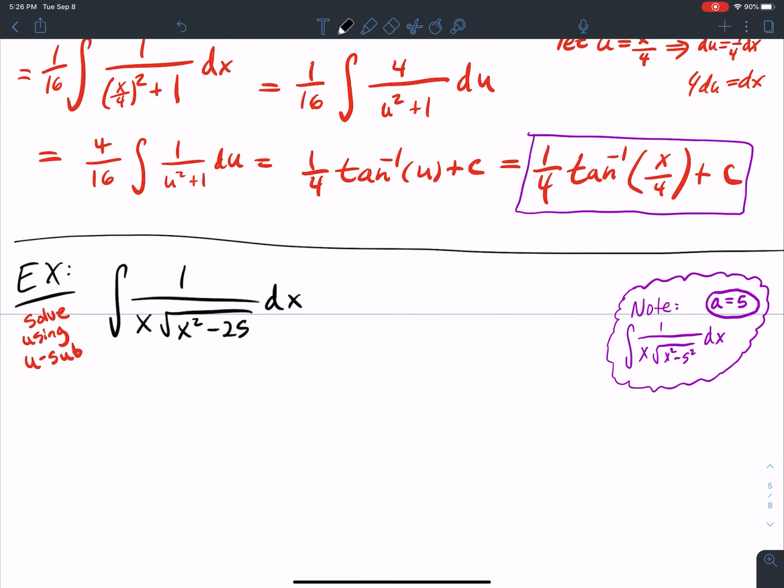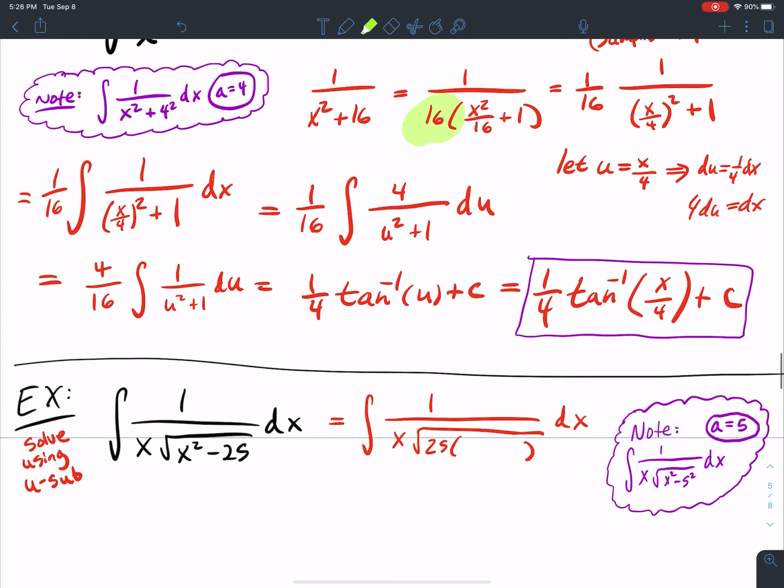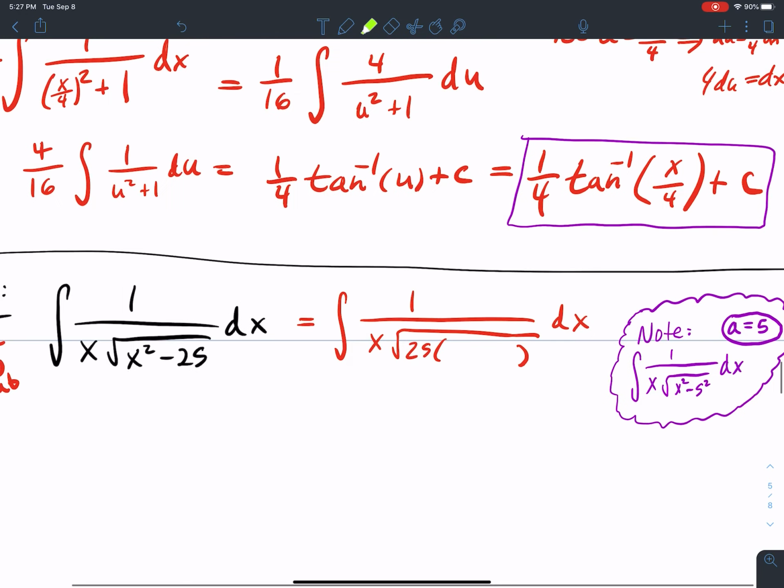That's the goal. Note that 25 would be an a equal to 5, and you can get your answer right away from the formula, so you know what the final answer should be. So I want to turn this 25 into a 1. To do that, I'm going to do the same trick that I did up here by factoring out the 16. I'm going to factor out the 25.